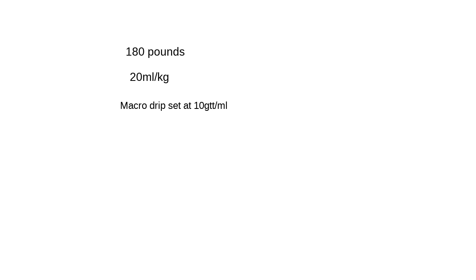So it is 600 mils times the drip set that we are using, 600 times 10. One hour is 60 minutes, so it's 600 times 10 divided by 60. 600 mils times 10 drops per mil divided by 60 gives you 100 drops per minute.